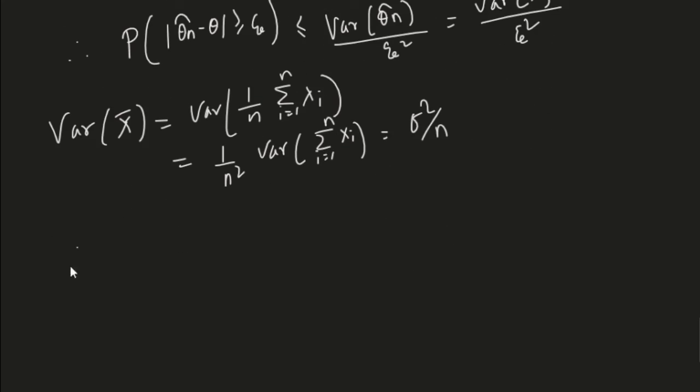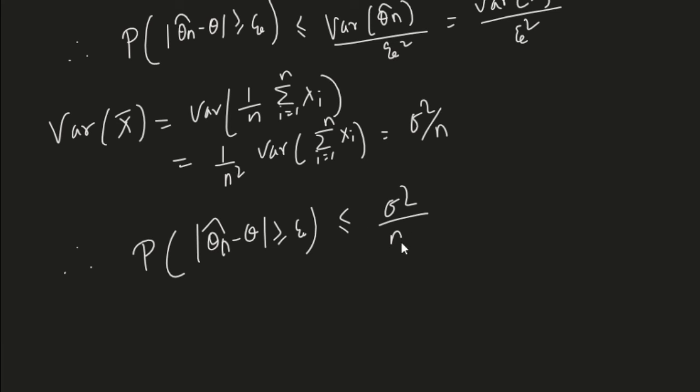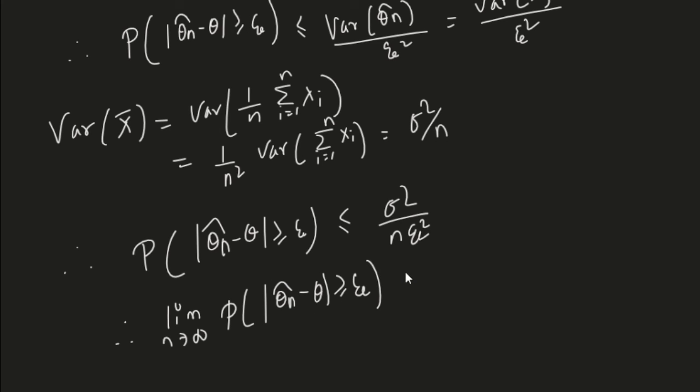Therefore the probability that theta n cap minus theta is greater than or equal to epsilon is less than or equal to sigma square by n epsilon squared. Therefore the limit as n tends to infinity of the probability that theta n cap minus theta is greater than or equal to epsilon is less than or equal to 0.